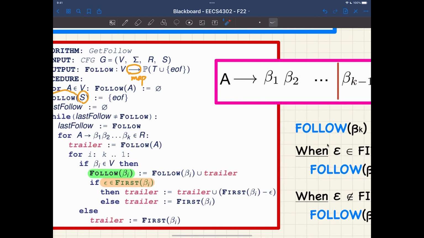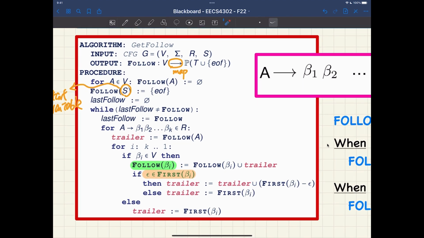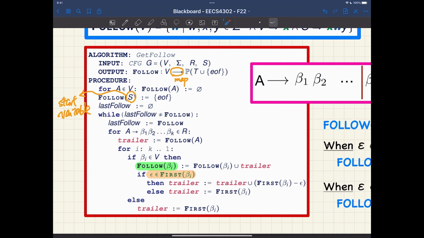We'll do that together. Okay, so number one. You can see we have some nested loop. But this one here simply says we want to check for every rule in the grammar. So that part there is not that important. This is what's important. Notice that we go from k down to 1 rather than going from 1 up to k. That's the first thing to note.